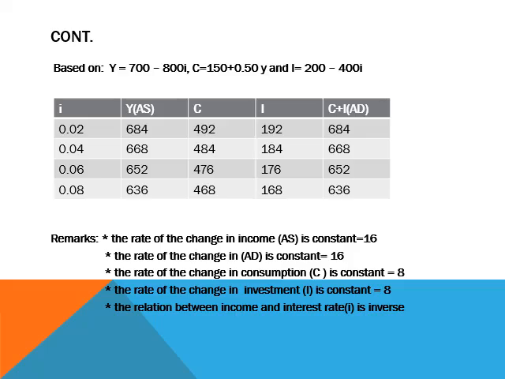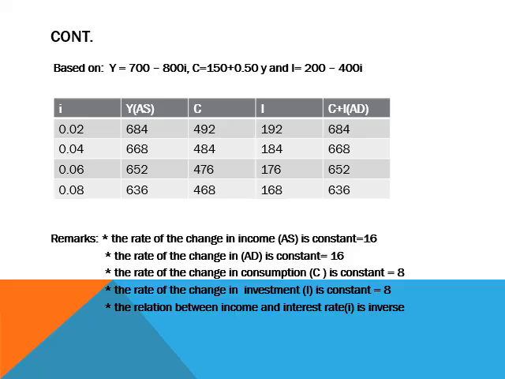Then let's substitute this interest rate in the function of investment. Investment equals 200 minus 400 multiplied by what? 2%. The result is 192.